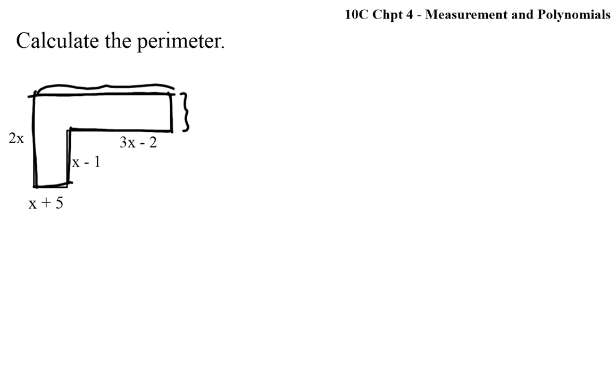This distance here, all the way across the top, if we take a look, it's made up of those two distances. 3x minus 2 along with the x plus 5 make up that total distance. So x plus 5 plus 3x minus 2, combine my like terms, this length is 4x plus 3. So we get a 4x plus 3 length there.